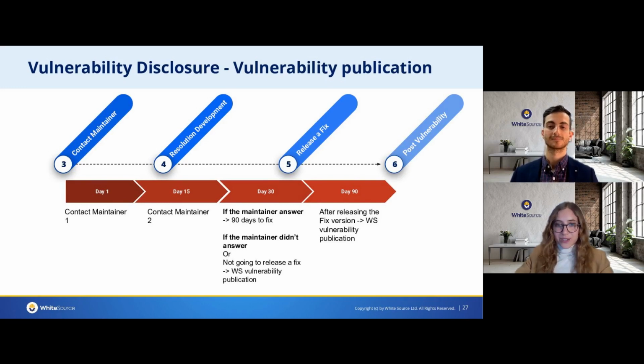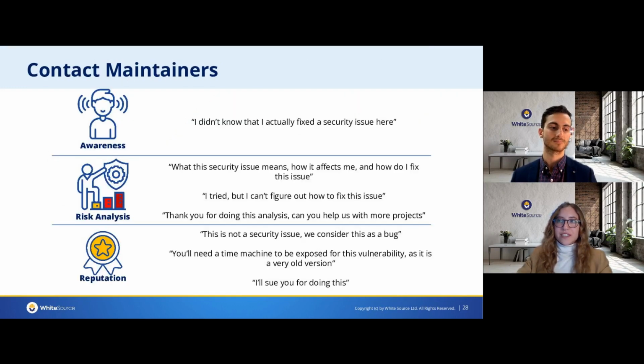So now that we are all aligned with the disclosure policy steps and service, let's review some examples of maintainers' responses that we received through the years and understand the reasons they didn't share their security findings. The first example, I didn't know that I actually fixed the security issue here, which is a great example of awareness to the security aspect.